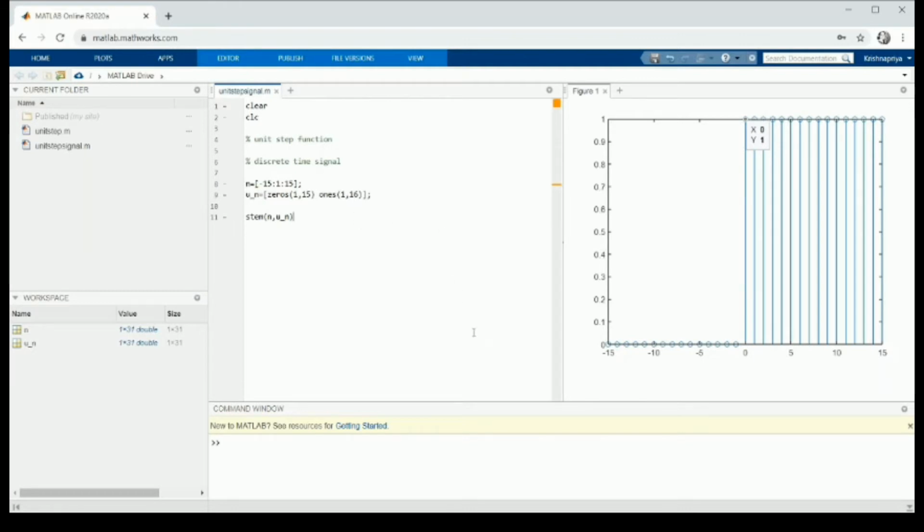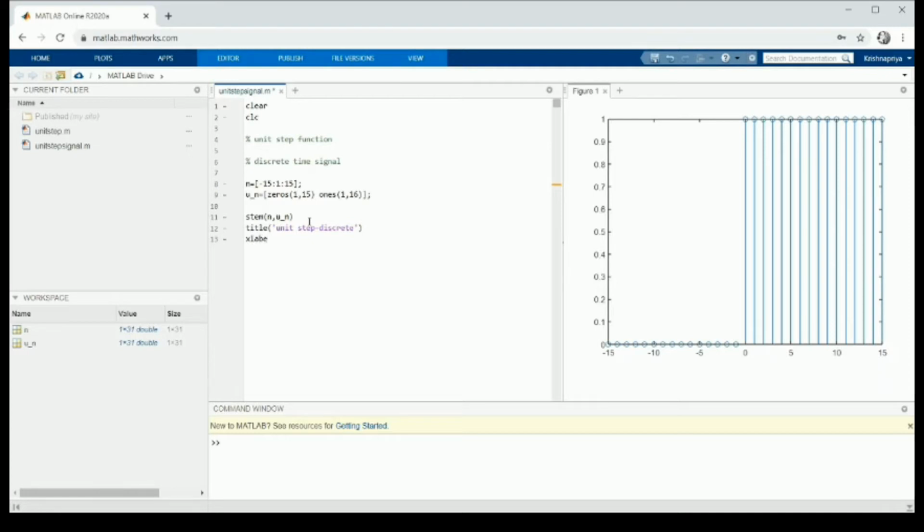Next, we have to specify the x-axis, y-axis, title, etc. of the graph. So here for that I am using the commands title within the single inverted comma, unit step discrete, and x label.